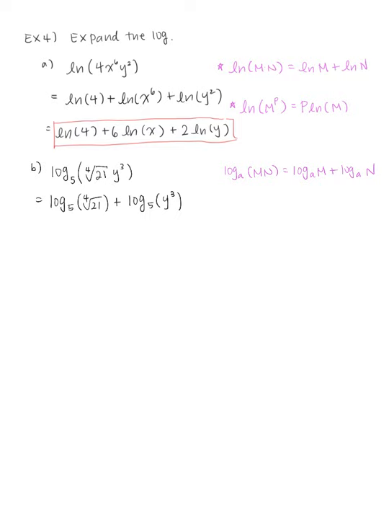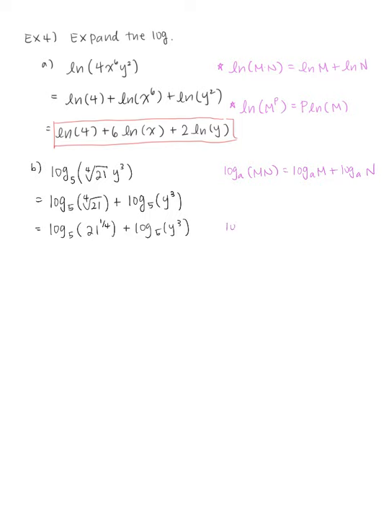Okay, so now let's go into the next step. So remember that the 4th root is the same thing as the 1/4 power. So I'm going to rewrite this as log base 5 of 21 to the 1/4, and then plus the log base 5 of y to the third. Okay, so again, we could apply that exponent property.